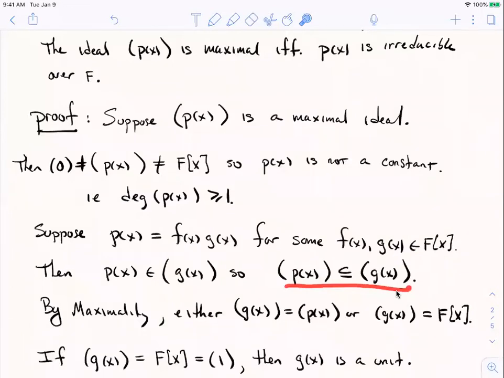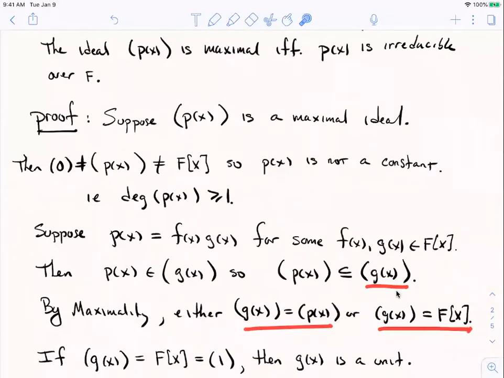I picked g. But now we're assuming that p of x generates a maximal ideal. So by maximality, this ideal generated by g is either equal to the ideal generated by p or it's equal to the whole ring, because a maximal ideal is only properly contained in the whole ring.